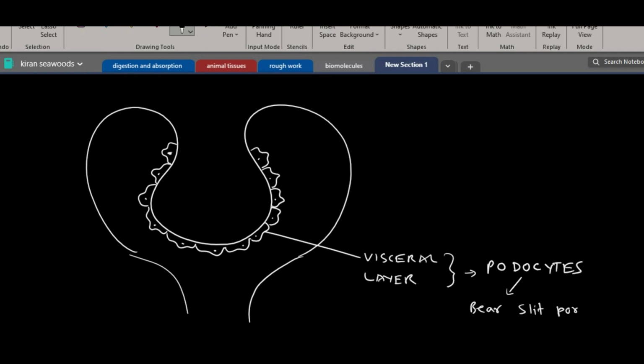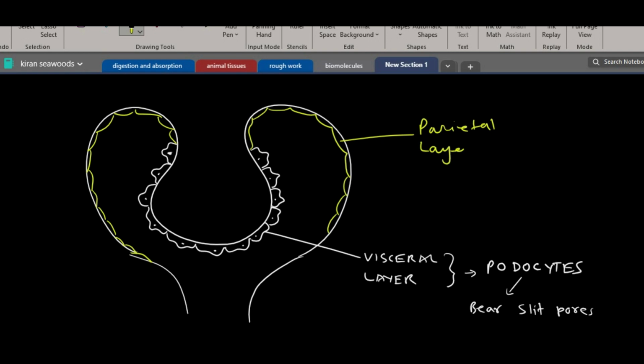slit pores, whereas at this layer, the one which is surrounding the outer layer, these are simple squamous, the typical one which you have already studied in the chapter structural organization. And this layer is called as parietal layer, which is made up of simple squamous.